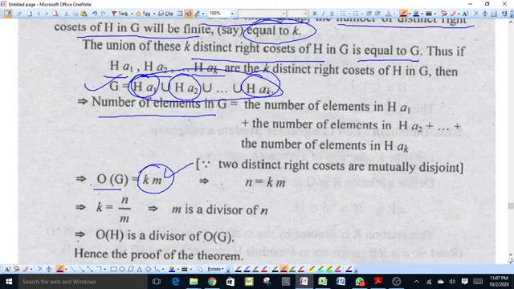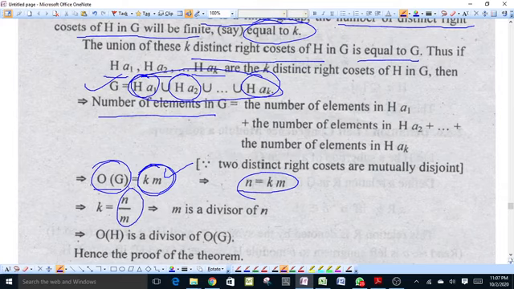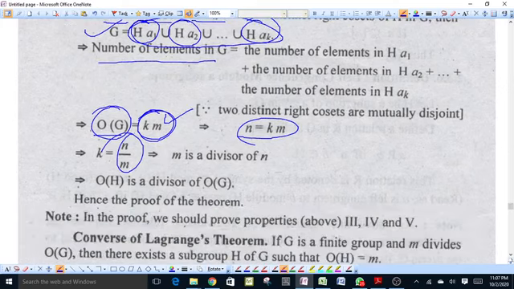But the order of G is equal to n, therefore n will be equal to km. This means k is equal to n upon m, that is, m divides n, that is, m is a divisor of n.